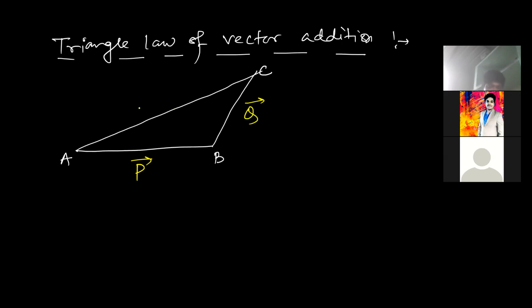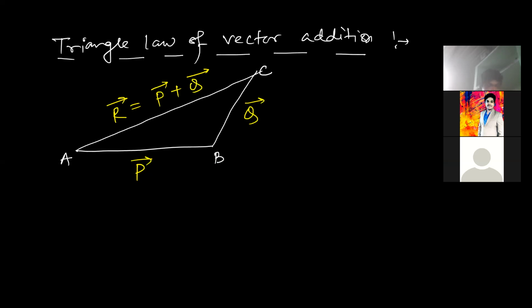Their resultant vector will be represented by the third side of the triangle. The resultant vector is represented by this closing side, and R vector equals P vector plus Q vector. This is the method by which we can add two vectors.